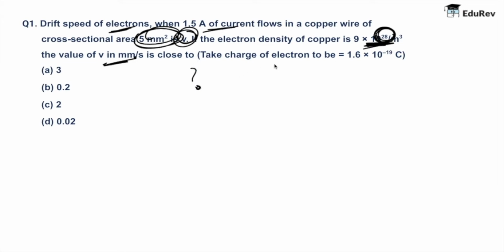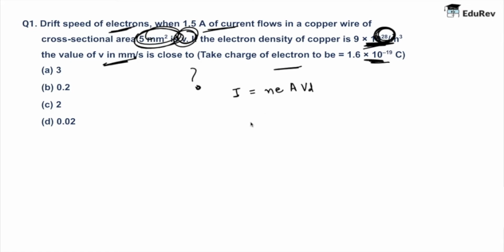Now the charge of the electron is 1.6 × 10^-19 coulombs. So we know that the drift velocity is given by the formula I = nAeVd. Okay, so this is the formula which we are going to apply in this.